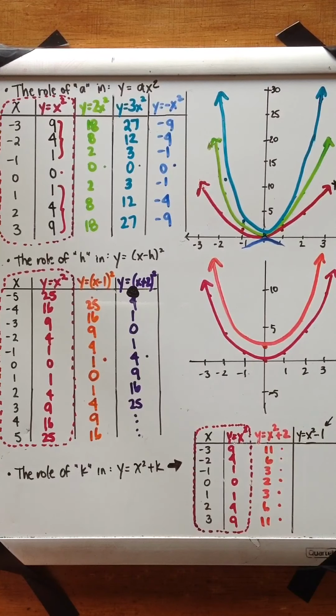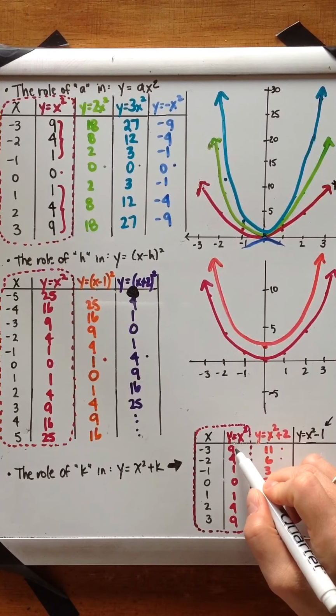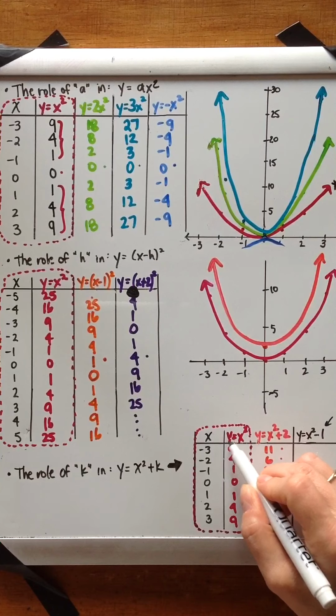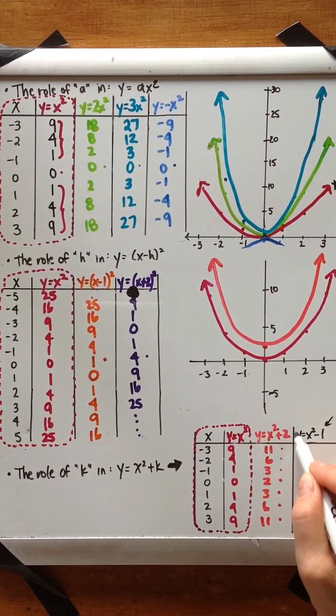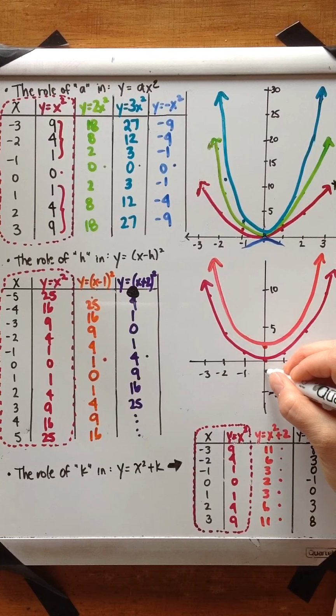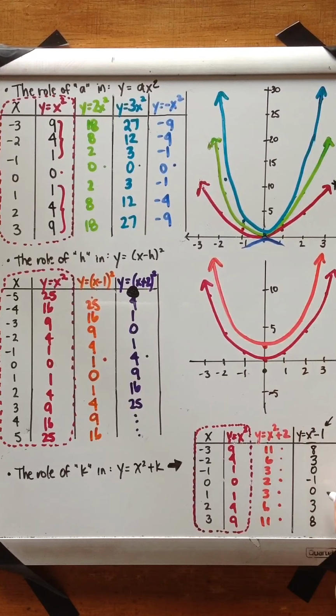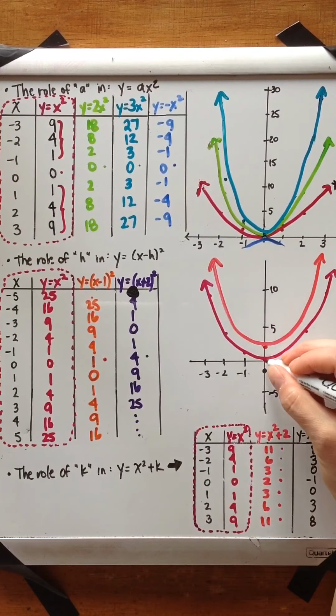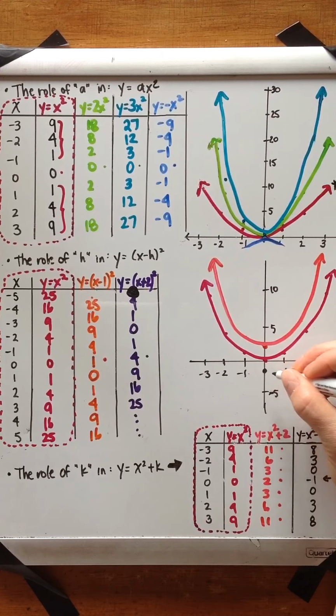Well, let's go back to this value, which is the value for y equals x squared. So that'll take care of this part, and then subtract 1. So we have 8, 3, 0, negative 1, 0, 3, and 8. Let's plot this. So I've got 0, negative 1 right here.